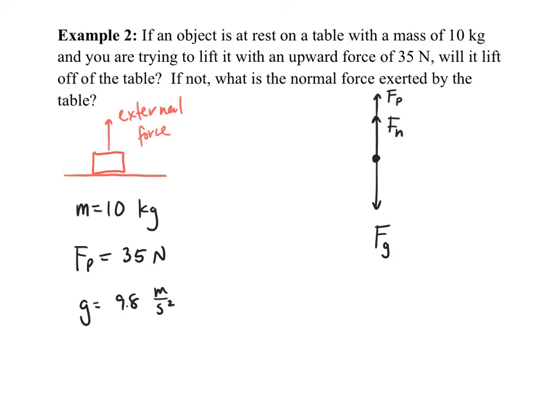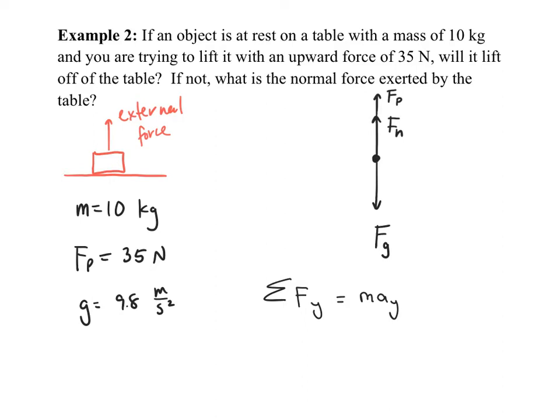For this first problem, I start with Newton's second law. The sum of the forces in the y direction equals m a y. That's my starting point. This symbol again means sum. So what forces are acting positively in this problem? What forces are acting positively, Julia?